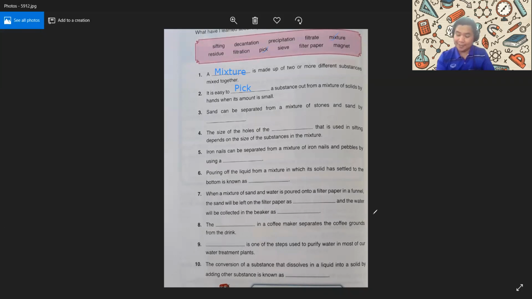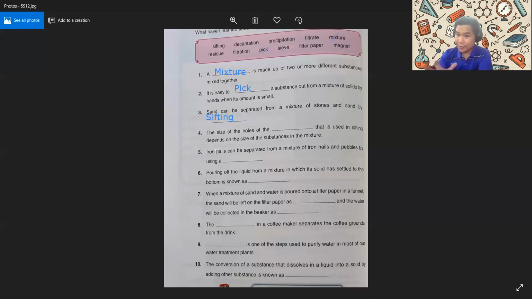What do you think is the answer? Okay, sand can be separated from a mixture of stones and sand by what? Sifting, okay? You use sifting, and that is number 3, sifting, okay?